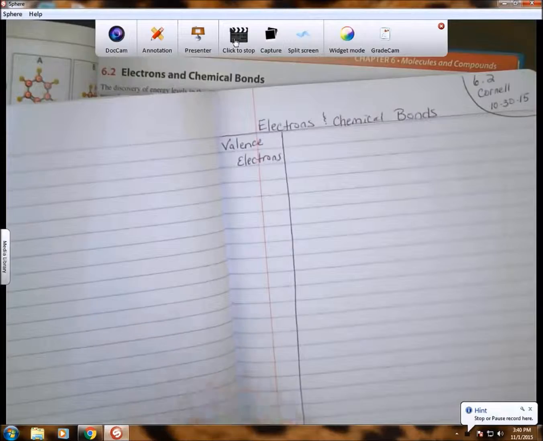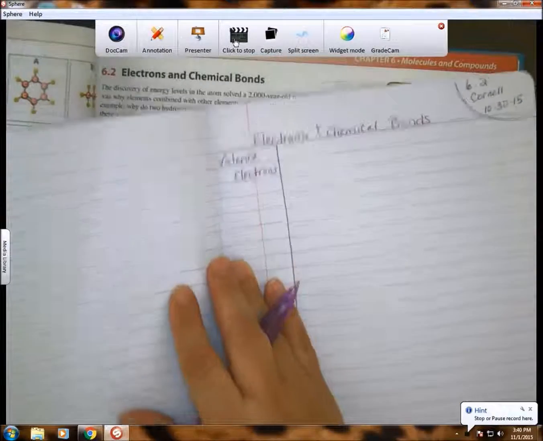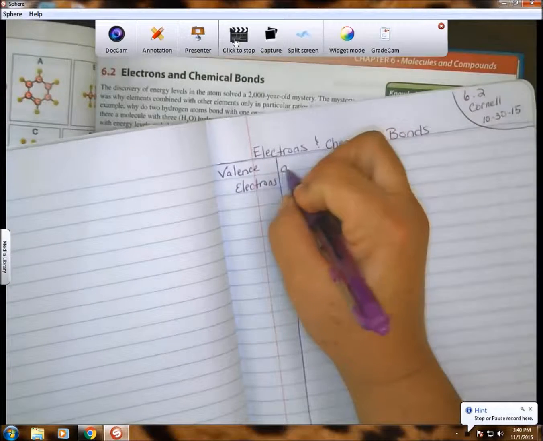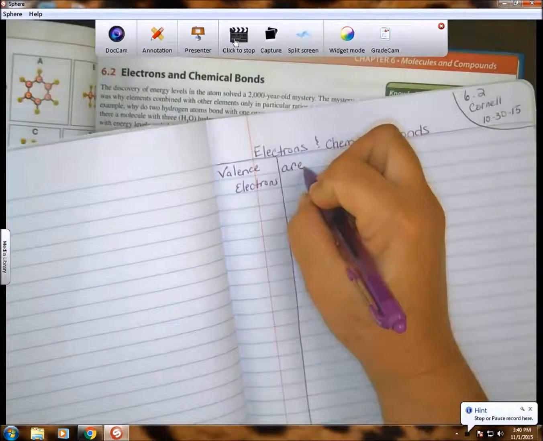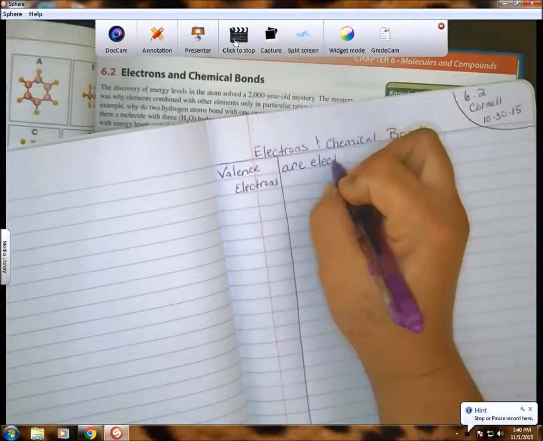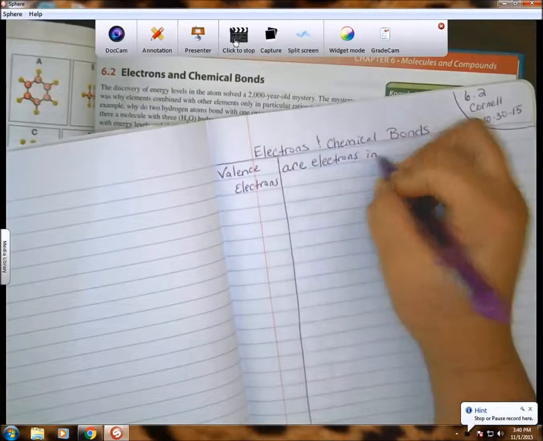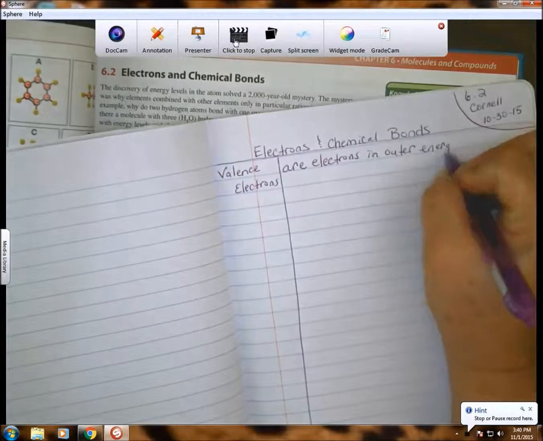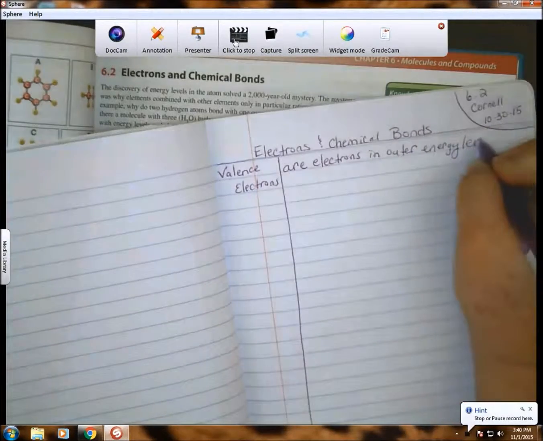So, what we're going to write here is really what we already know about valence electrons. We know that they are the electrons in the outer shell. I'm going to write energy level down because it's actually more accurate. They're not shells.